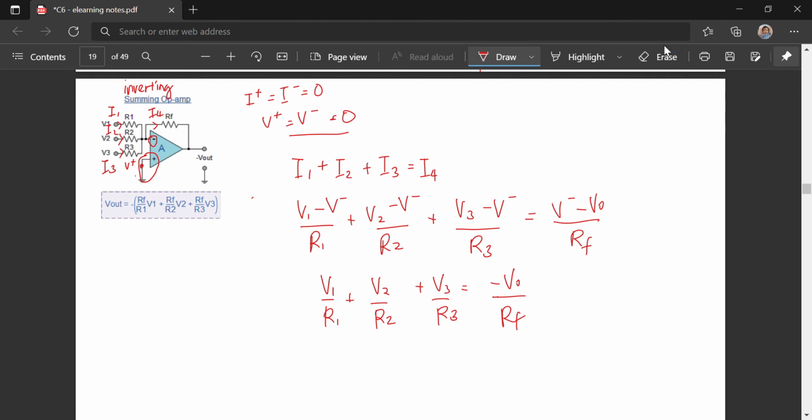If you want to know how much is V out, rearrange the equation. Bring Rf to the other side. So V out equals minus Rf times V1 over R1 plus V2 over R2 plus V3 over R3. Okay, that's it.